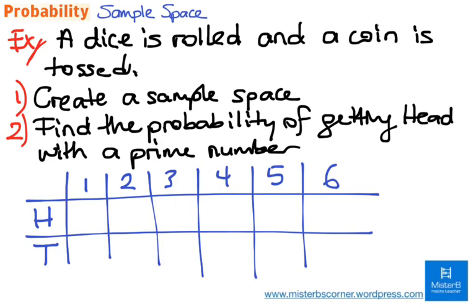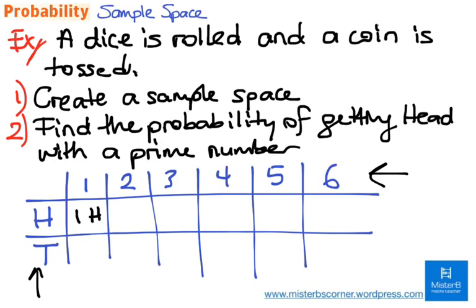It could be the other way around. It doesn't matter where you write the probabilities for the die and the probabilities for the coin. You can just transpose it. You can write it the other way around. Now, the probabilities. Again, it doesn't matter in which order you write. You can go like 1H, representing rolling 1 and getting H, the heads from the coin, or you can write H1, doesn't matter.